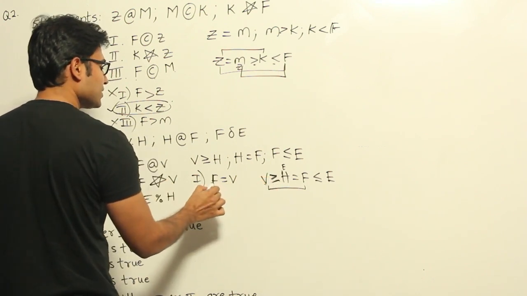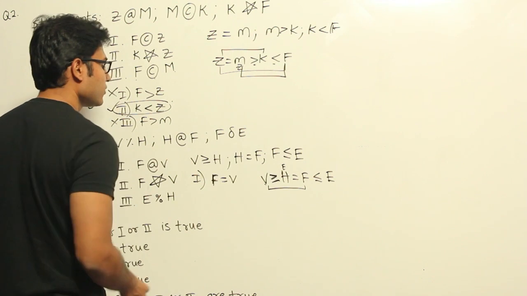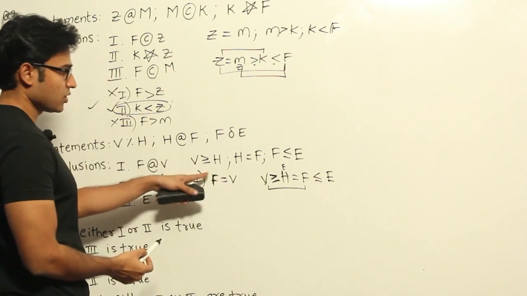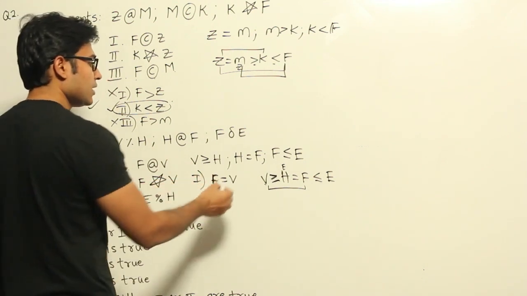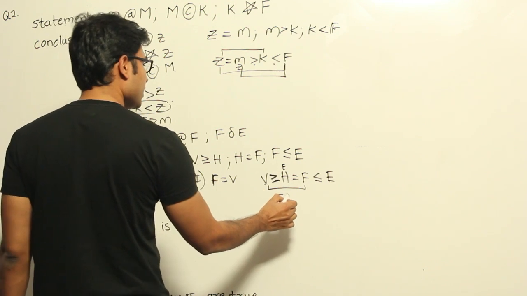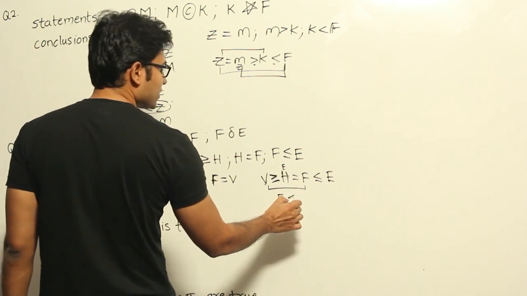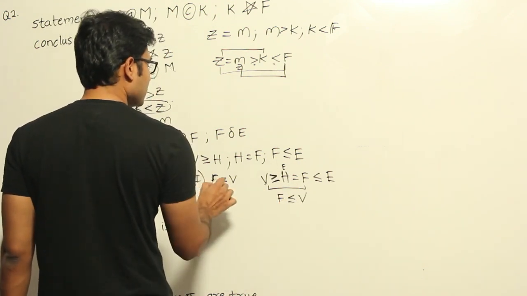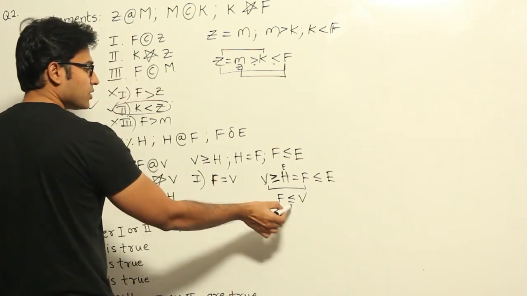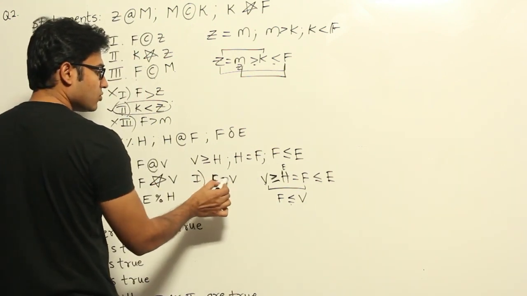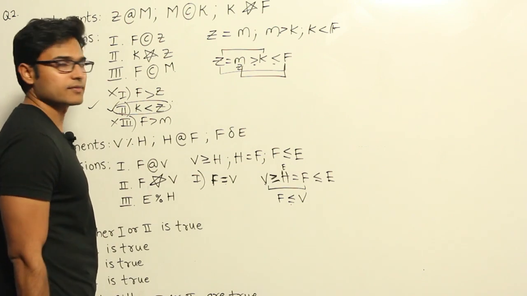It is given that F is equal to V, so there is a chance that it might follow. Got it? Because here we are getting F is less than or equal to V, and here it is given that F is equal to V. Therefore there is a chance that it might follow.